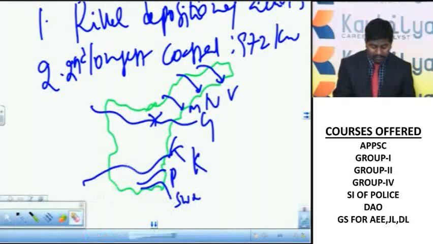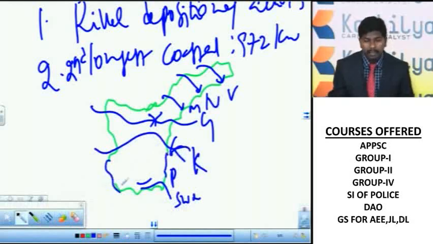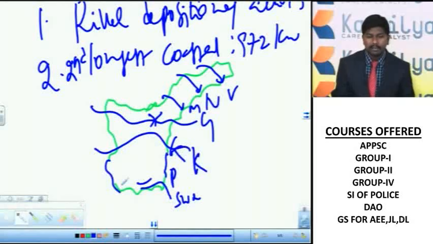Because of all these rivers which enter the Bay of Bengal from interior regions or from neighboring states, these rivers perform depositional activity along the coastal regions or at their river mouths.